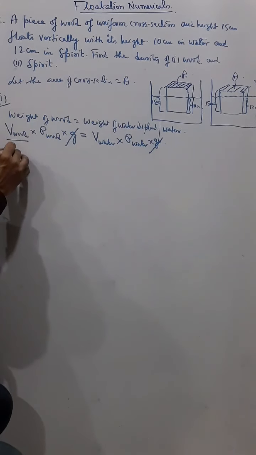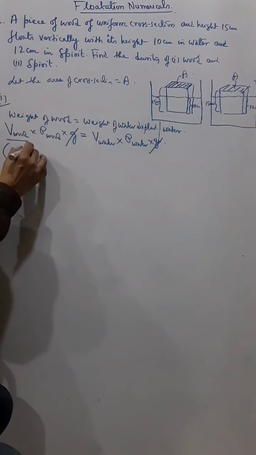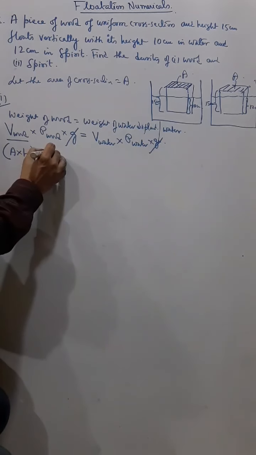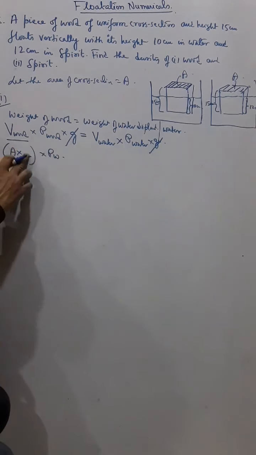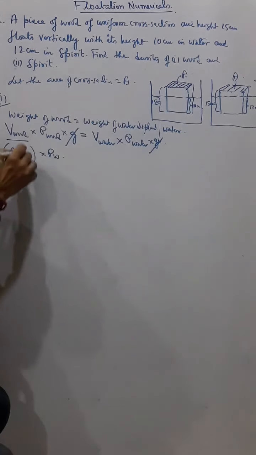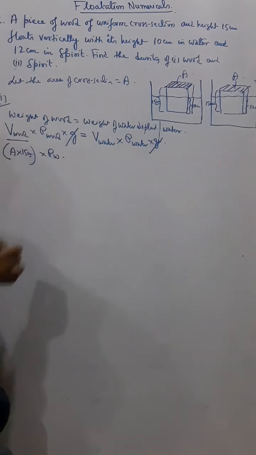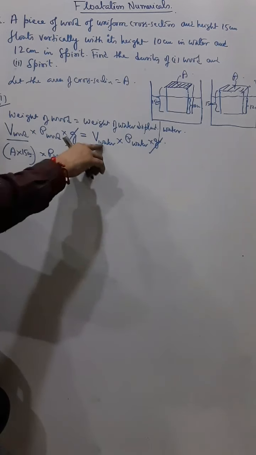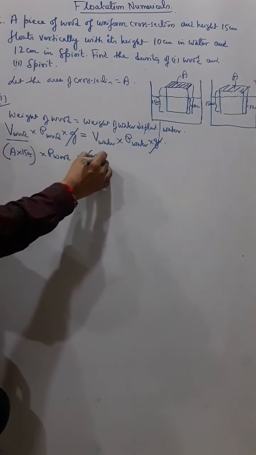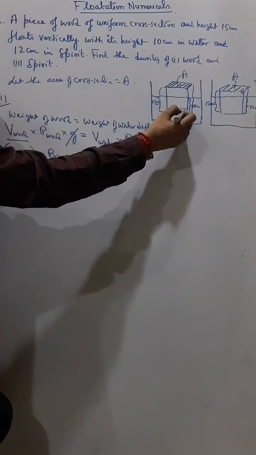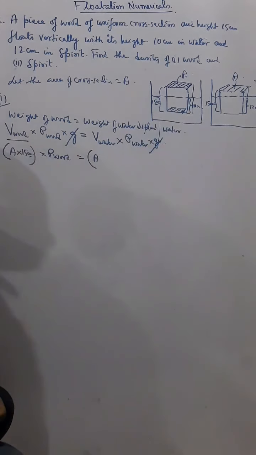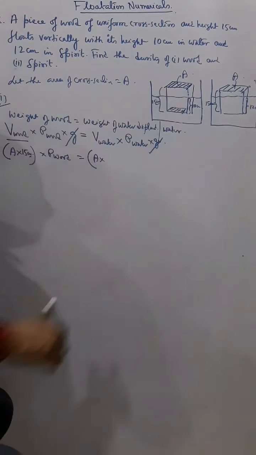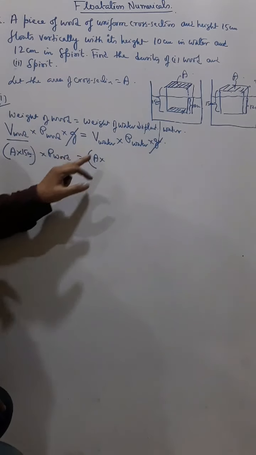Volume of wood means area into height, into density of wood. The height of wood is 15 centimeters. Density of wood we have to find. Volume of water displaced means again the area is the same, A, but height we take as 10 here, because this is the volume of water displaced.